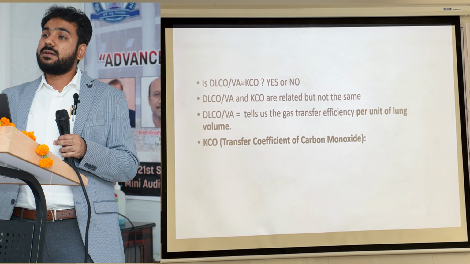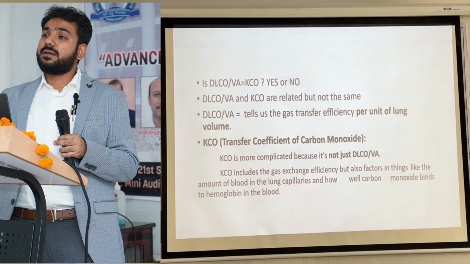There is one aspect that is the diffusion aspect, alveolar ventilation. The second part is the amount of blood being given to the capillaries and how efficiently it is binding to hemoglobin. So it is more complicated than just DLCO upon VA. It includes gas exchange efficiency, but also considers factors like the amount of blood in the lung capillaries and how well carbon monoxide binds to hemoglobin.